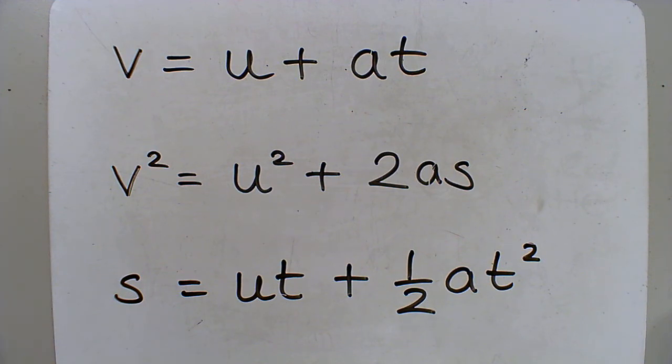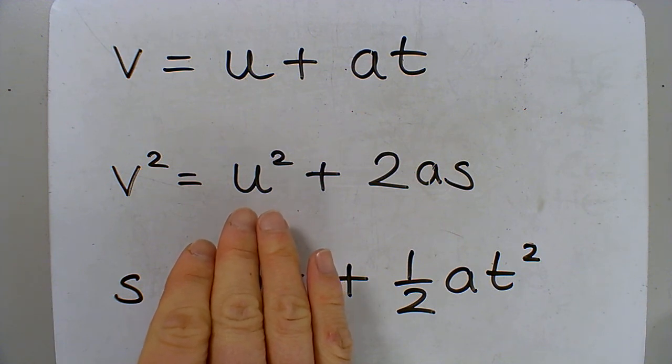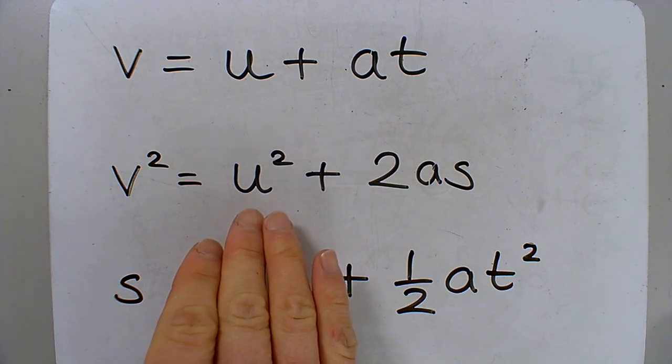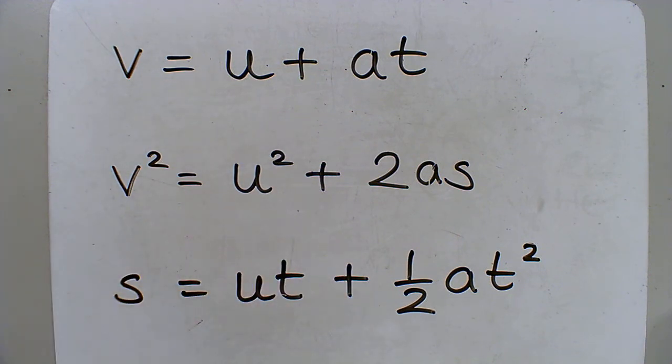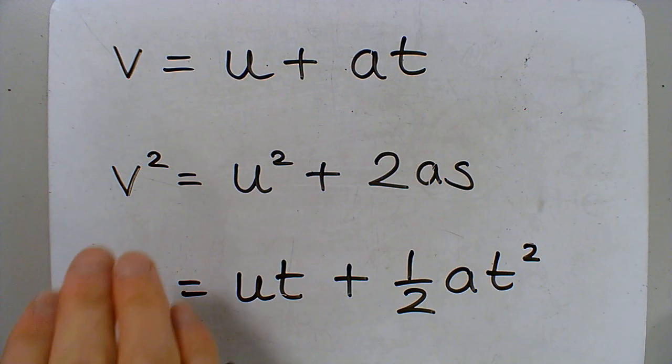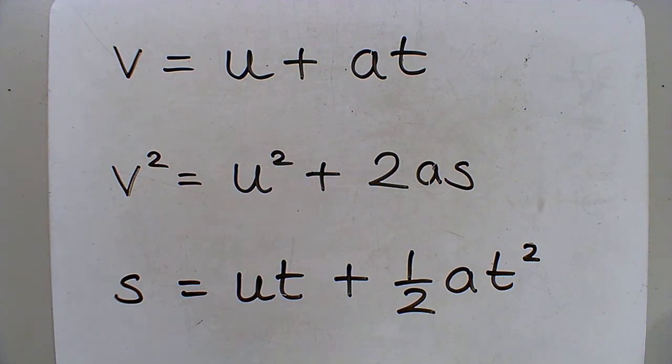So the initial velocity, if it starts at rest, would be 0 meters per second, and if an object is slowing down and coming to a stop, then the final velocity is 0 meters per second. That's another thing to be on the lookout for.